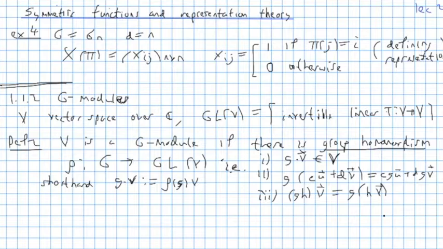And lastly, the identity of the group acting on a vector V leaves the vector unchanged. So saying that I have such a group homomorphism is equivalent to saying that I have these four conditions. It's a more abstract definition.